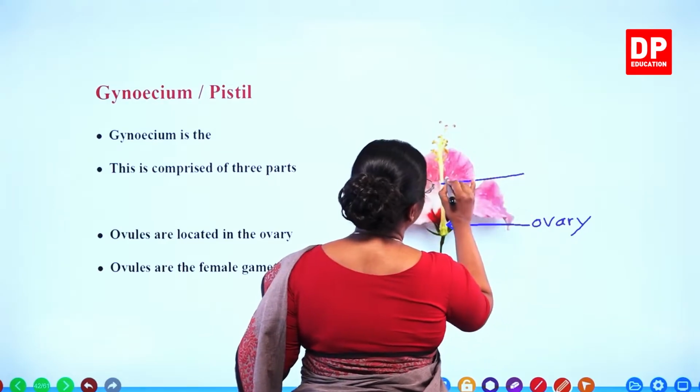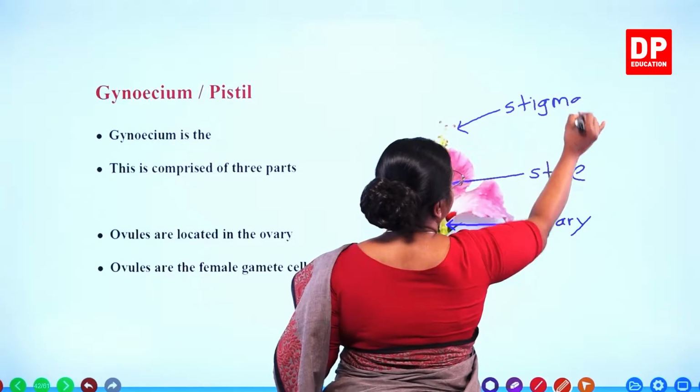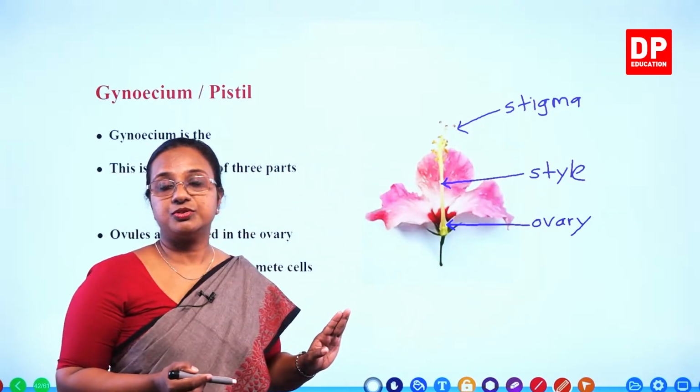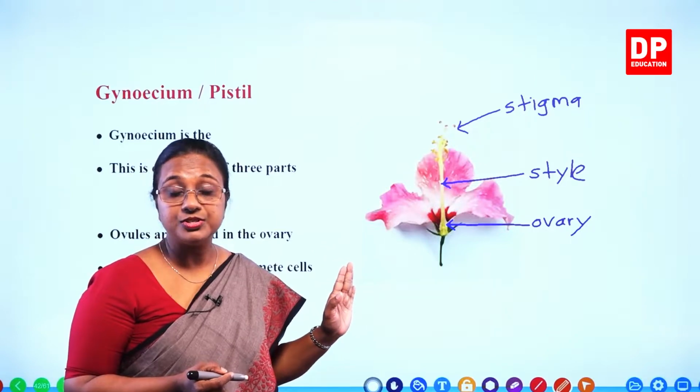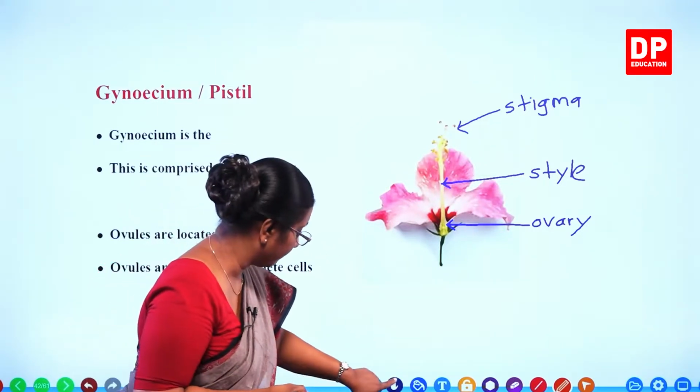Here we have the style, and here we have the stigma. So ovary, style and stigma, those three structures together is the gynoecium or the pistil, the female reproductive structure of a flower.